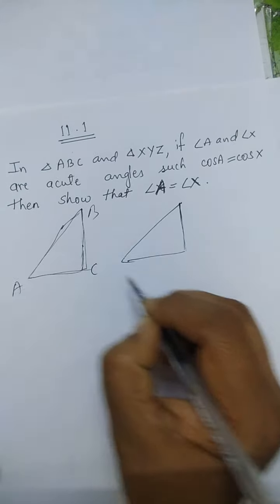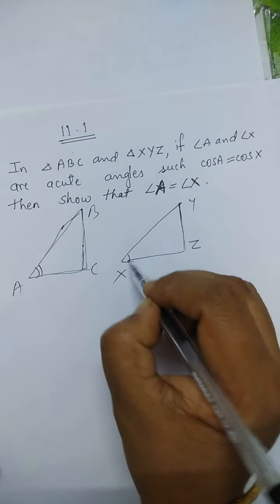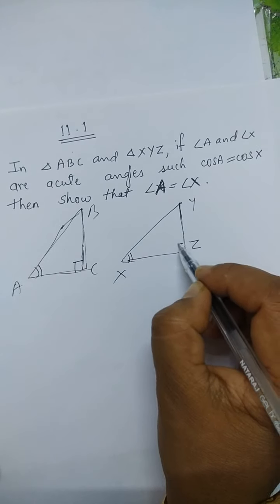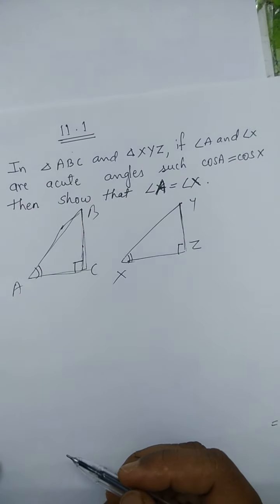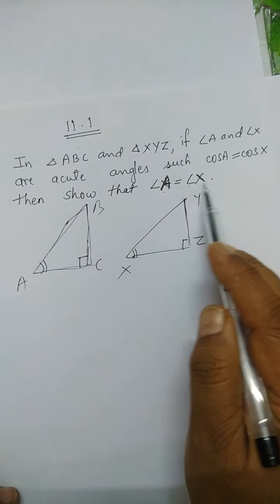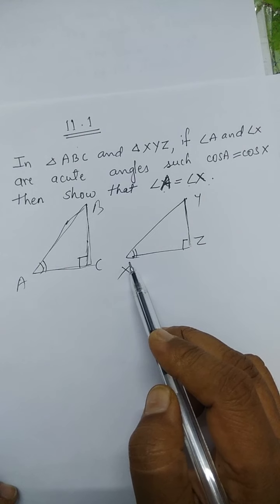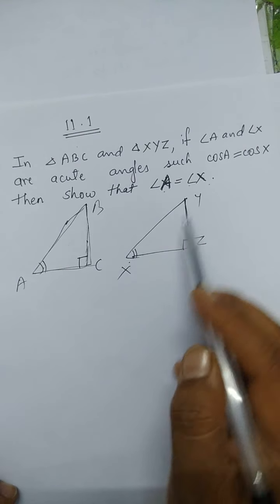A, B, C and X, Y, Z. This angle, and this is 90 degree. Okay. So here we have to prove that angle A is equals to angle X, that we have to prove. Same steps you have to follow.